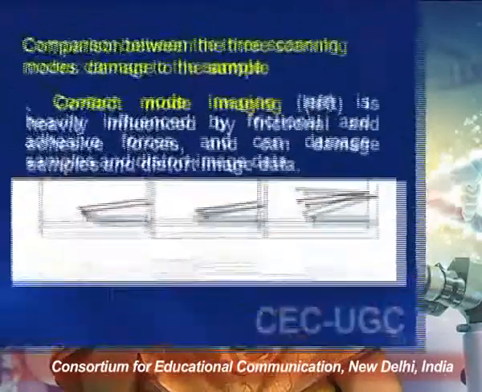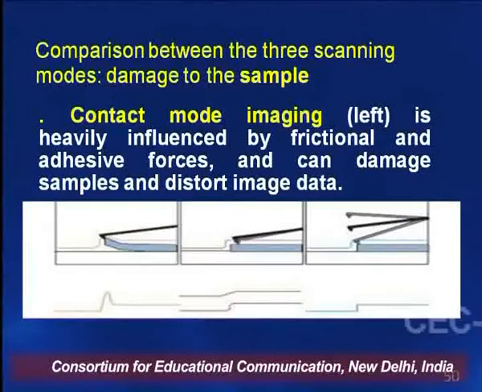Now we are having the comparison between the three scanning modes, which can damage the sample. On the left hand side, the first diagram shows the contact mode imaging, which is heavily influenced by frictional and adhesive forces and can damage the samples and distort the image we get as a result.